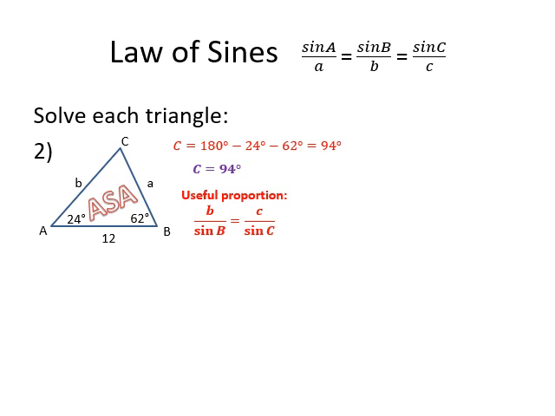All right, and so I'm going to use it to find B first. Plug in what you know there, and then just do a little bit of algebra. Multiply both sides by sine 62, and B is 10.6.